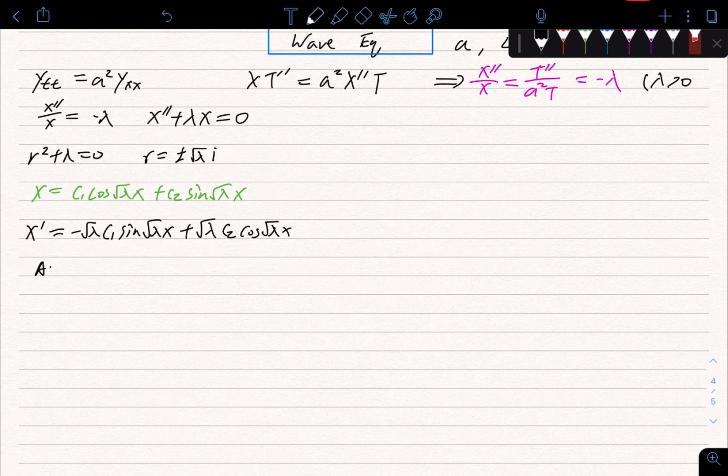We apply our boundary condition and then find the value of lambda and X_n, or X, if you will. So we have finished what we need to do for now in order to solve for X. Now let's turn our attention to solving the T.